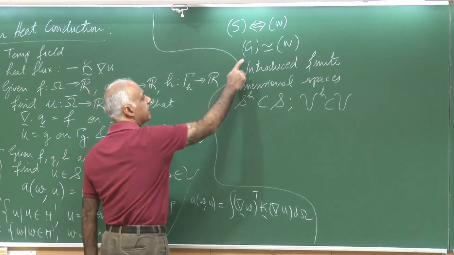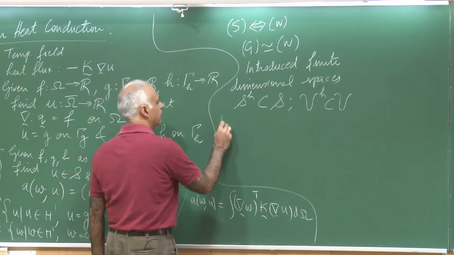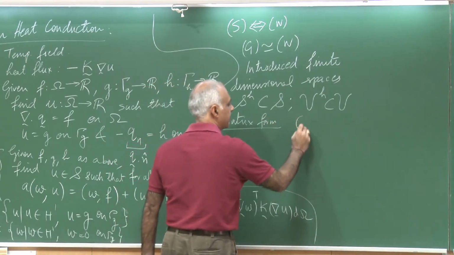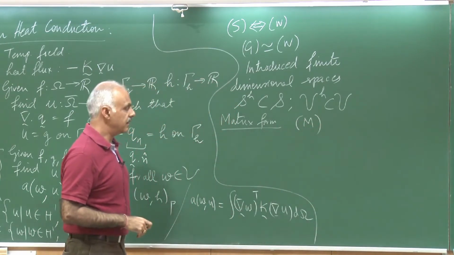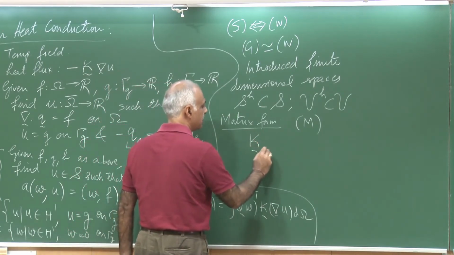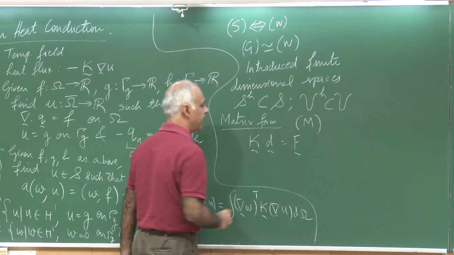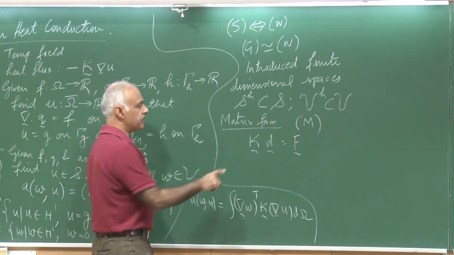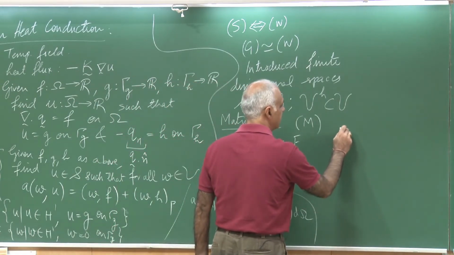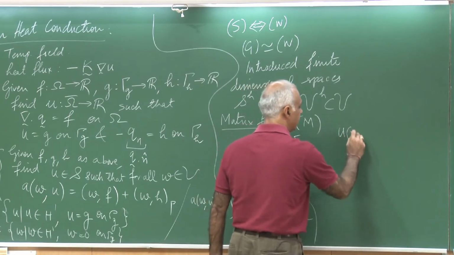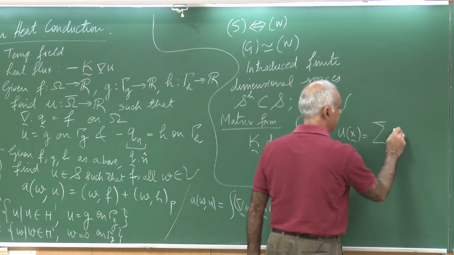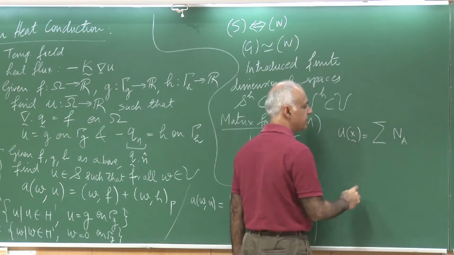Then starting from the Galerkin form, we derived the matrix form. So, we had the matrix form, which actually we denoted by this notation M, and I am not going to write down the whole thing for you, but essentially it said that you must form K and F, and then D represents the solution. So, implicit in this was the assumption that my solution u, which is a function of x, is actually given as a summation of NA, which are the basis functions.